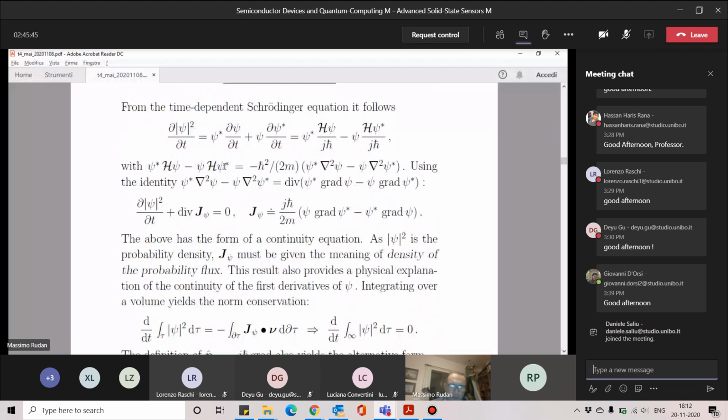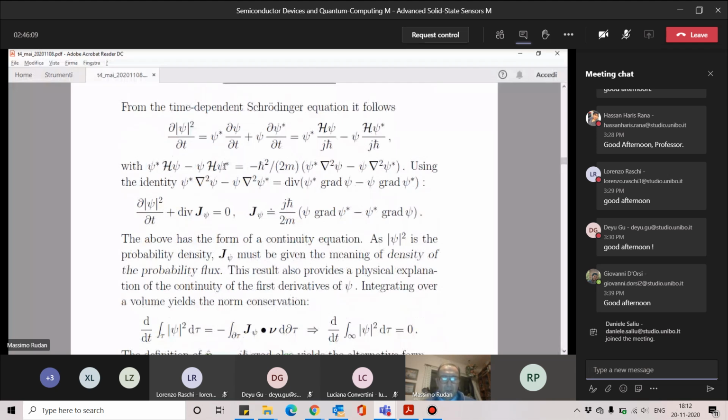At this point, we must say something about the Hamiltonian. We take the standard Hamiltonian made of the kinetic part plus the potential energy independent of time.